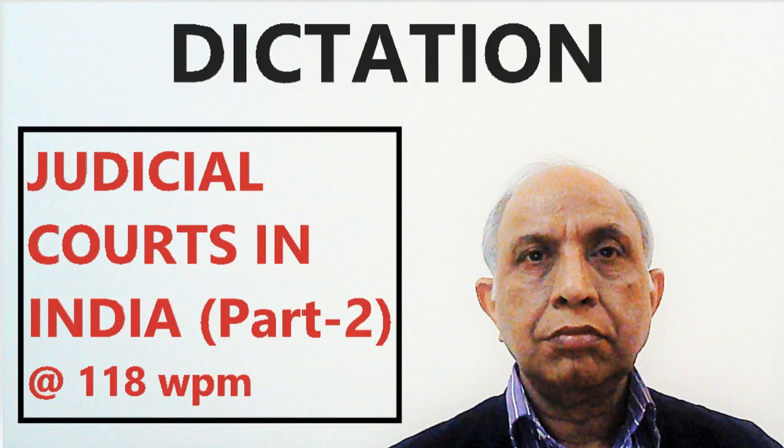Article 124 to 147 of the Constitution of India lay down the composition and jurisdiction of the Supreme Court of India. Primarily, it is an appellate court which takes up appeals against judgments of the high courts of the states and territories.